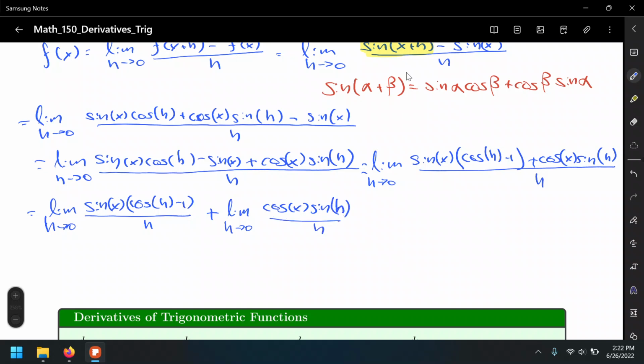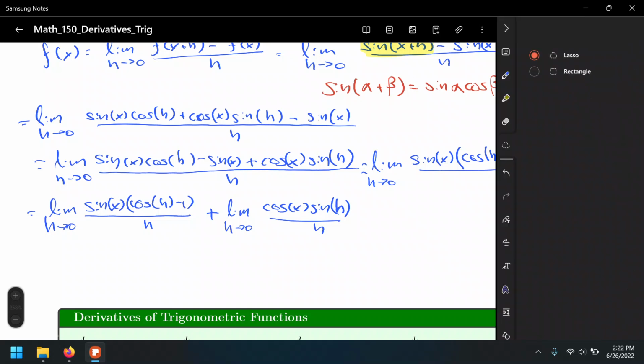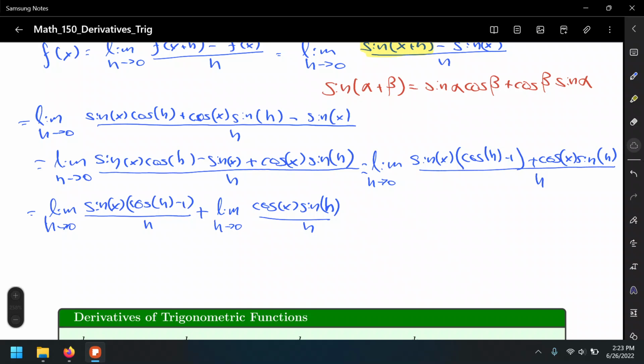I'm going to do a little trick here, well, not necessarily a trick, and you'll see why. We are going to use those special limits from the previous chapter that we're actually reviewing in this section as well. We'll use them to simplify this limit expression.